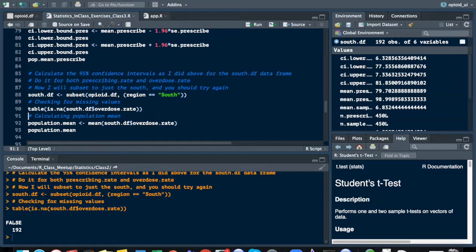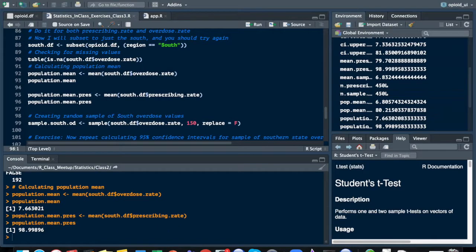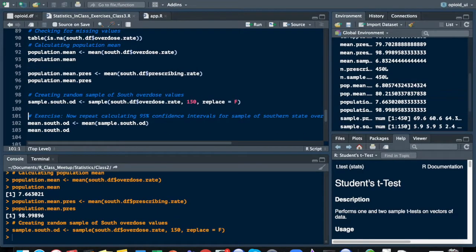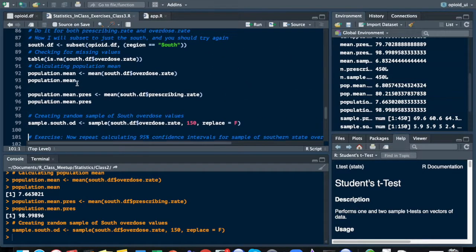So you don't have to worry about the NA.RM code. But now I'm going to find our population mean for you guys. So that's 7.66. I'm sampling 450. Or 150, sorry, because our sample size up here is 192 for our full sample. So in both of these cases now, it will actually be a population mean.